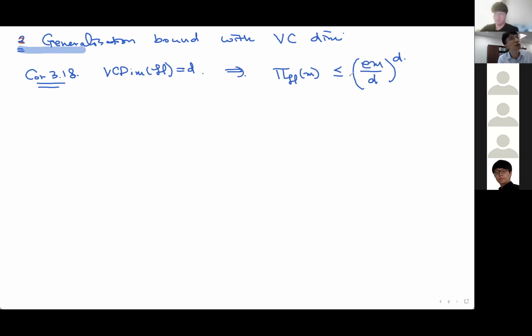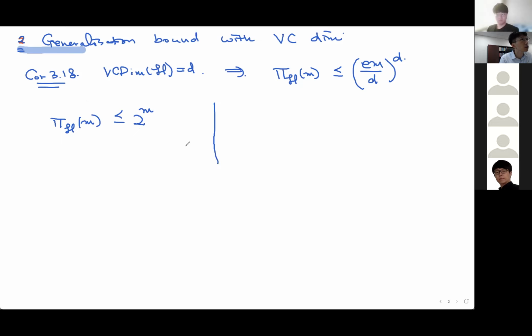Now, if you look at this result, you may say, okay, there are a bunch of symbols, what does it really say qualitatively? You may not really get the qualitative information from this bound, but what it tells us is quite interesting. Think about this growth function. Its possible maximum value is 2 to the m, which grows exponentially.